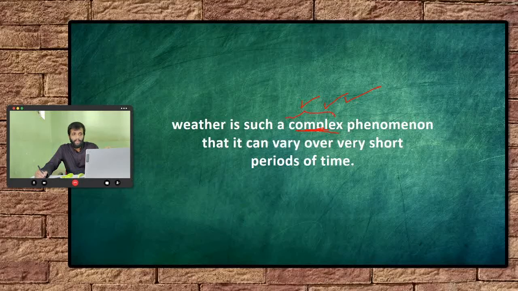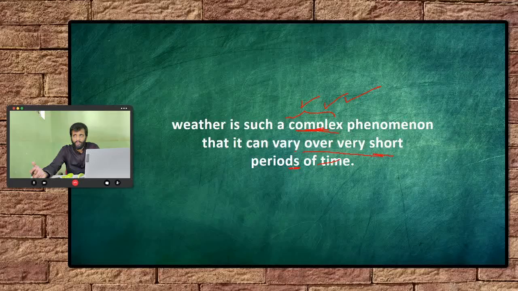A number of things are involved, not just one parameter based on which you can decide how the weather will be. So it's a complex phenomenon that can vary over a very short period of time. It doesn't require a lot of time. You must have experienced, whenever you plan to go somewhere and you get up in the morning and look outside and feel, okay, it's not going to rain, I'm not going to carry my umbrella today because the weather looks perfect.